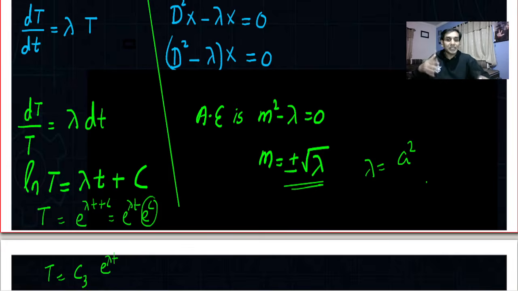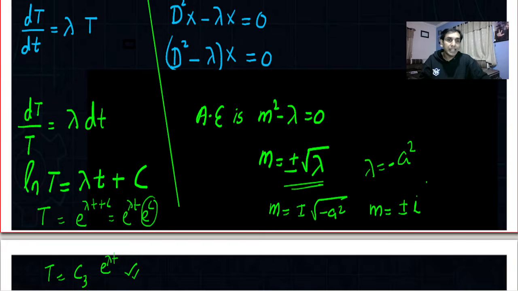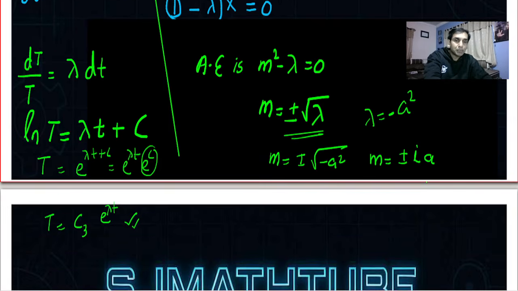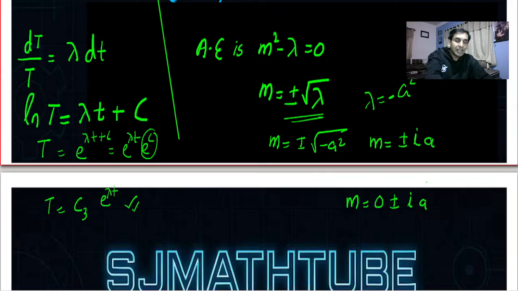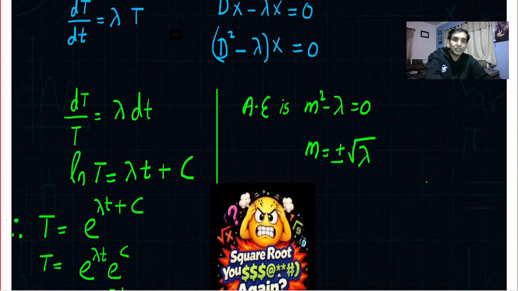But I already know it's a heat equation. I got the exponential part here. I want the trigonometric part from the other equation. So I am intentionally putting minus a square. So I'm going to get m equal to plus minus root under minus a square, which gives me m equal to plus minus i into a, which tells me m equal to 0 plus minus i into a, and which gives me the solution x is equal to what will happen.